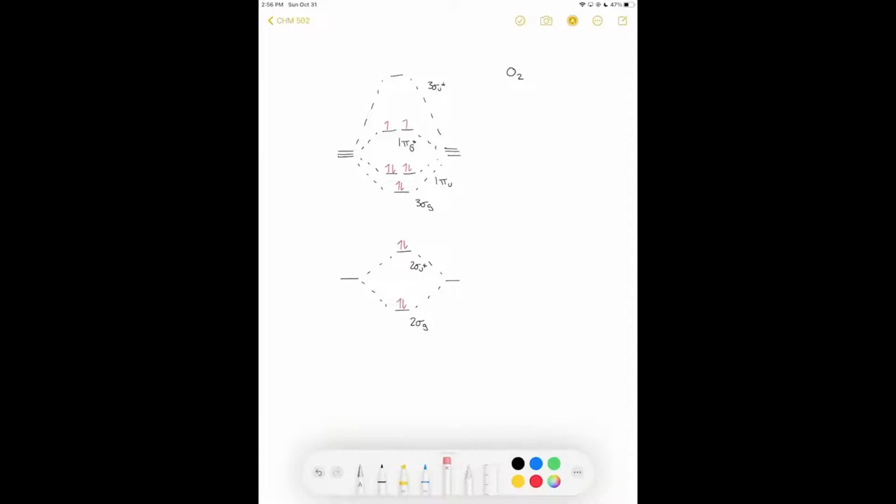Well, for atomic spectroscopy, we only considered the unfilled orbitals. So for molecular oxygen, we had something like 1s2, 2s2, and 2p4 for the electron configuration for oxygen. And all we needed to do to determine the terms was to look at these unfilled electrons here.